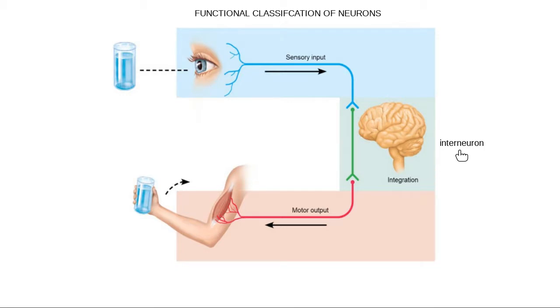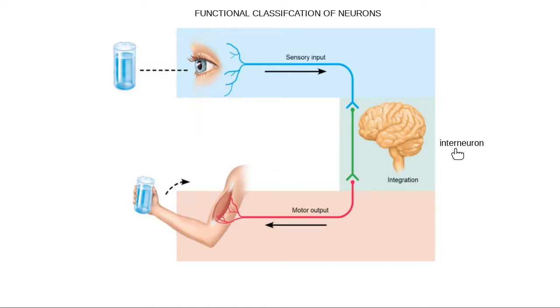The neurons that actually make that happen are the motor neurons. Motor neurons don't decide what to do, but motor neurons make it happen, whatever the brain said we should do. Three kinds of functional classifications of neurons. The sensory neurons, all they do is collect information or perceive things.